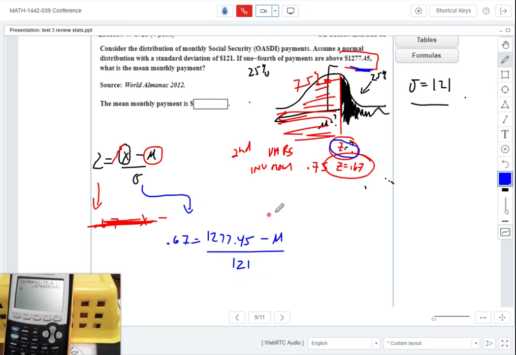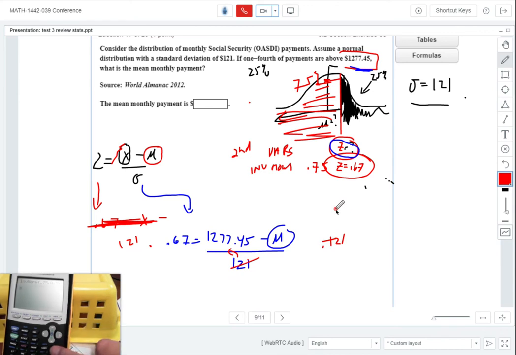So this is similar to the other problem. We just have to find the average, not the X value here. So I multiply both sides by 121. I'm trying to get this to the other side. Those cancel.